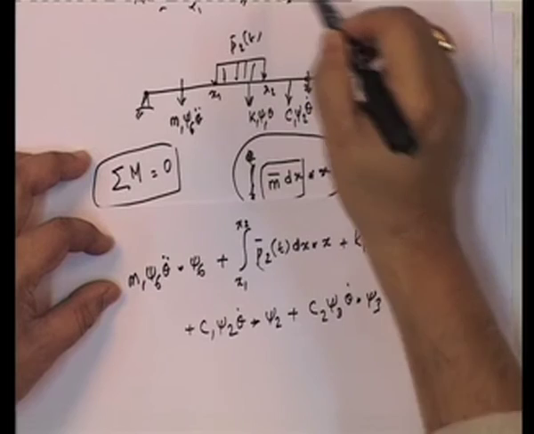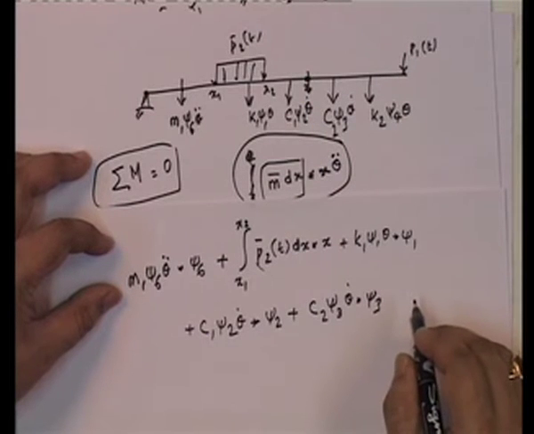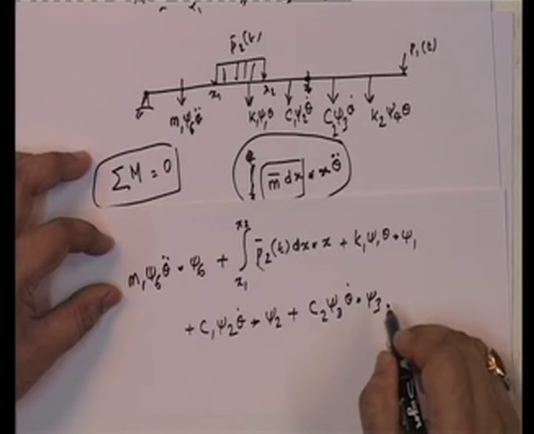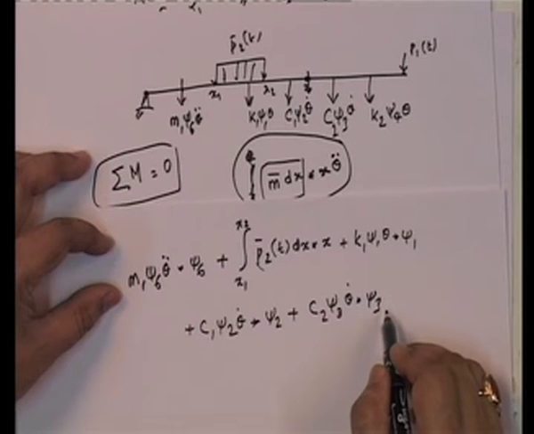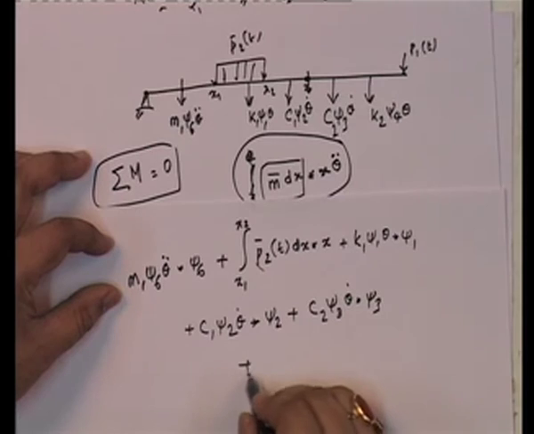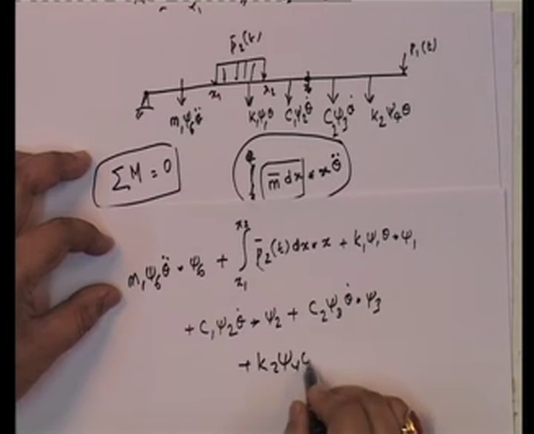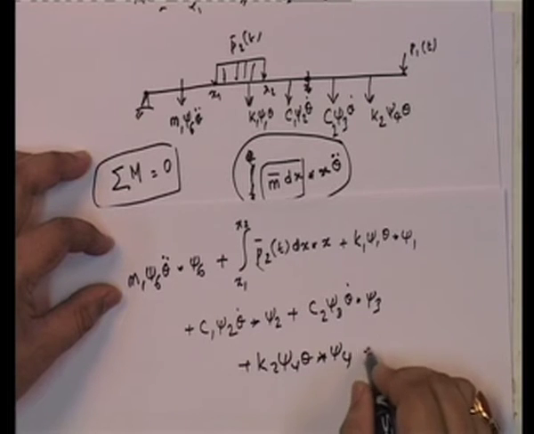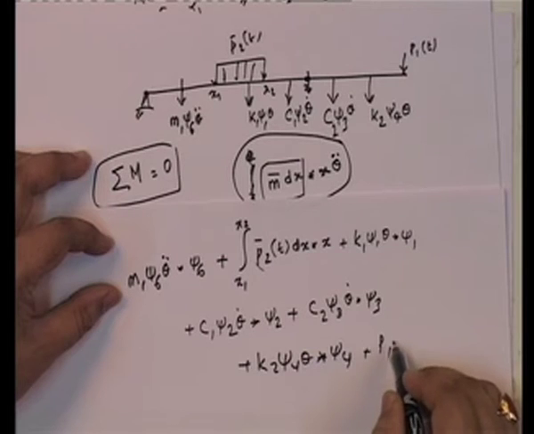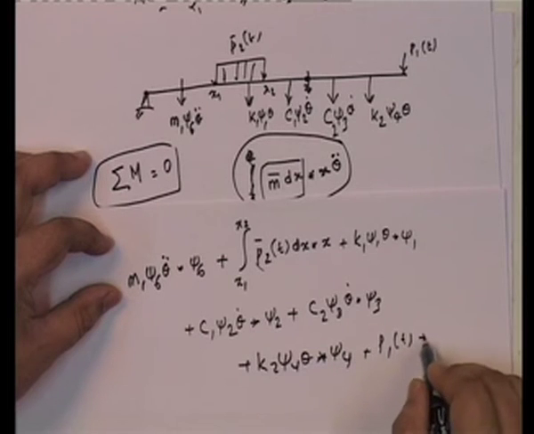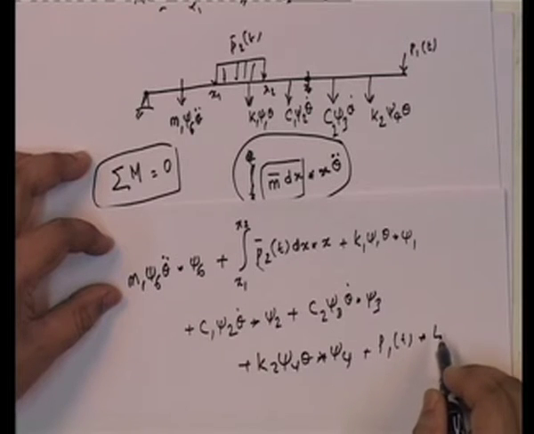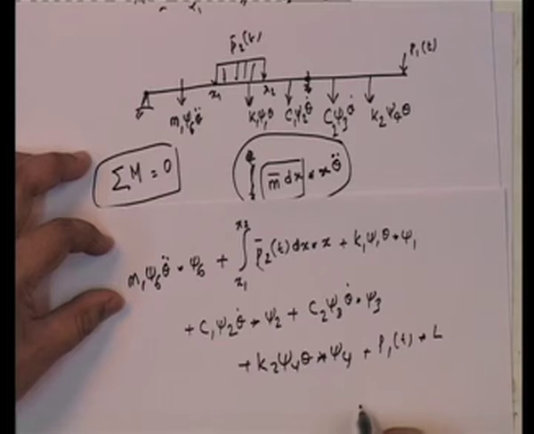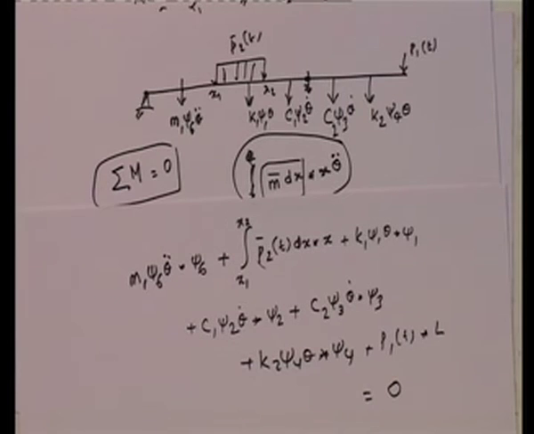So, xi 2 equal to xi 3, the last one is plus k2 xi 4 theta into xi 4, that is the distance, and plus p1 into, well, xi 5 is L actually. So, L is the distance. Now, that is all the forces, and that has to be equal to 0.